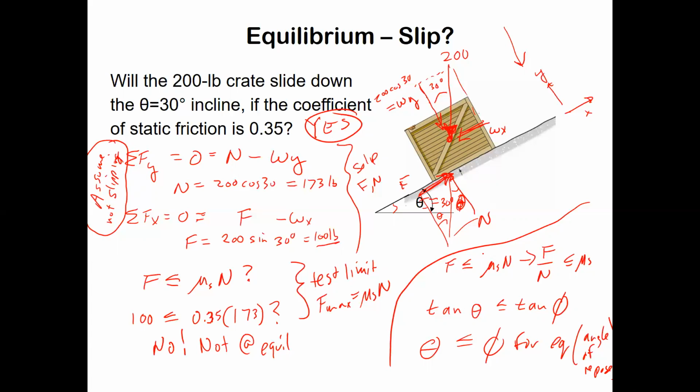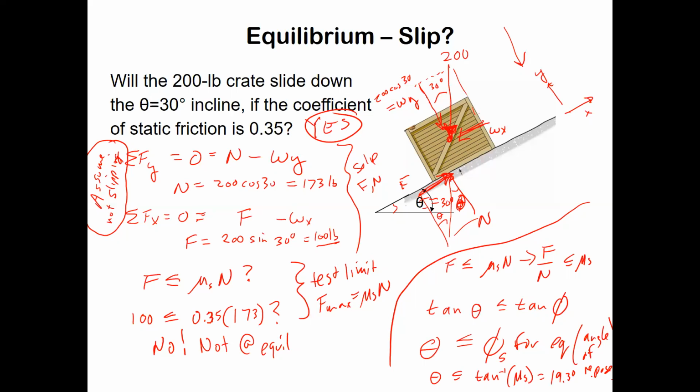So in other words, once the angle got above 19 degrees, it was going to slip. So theta has to be less than or equal to the arctangent of mu S, which in this case is 19.3 degrees, for it to be stationary.